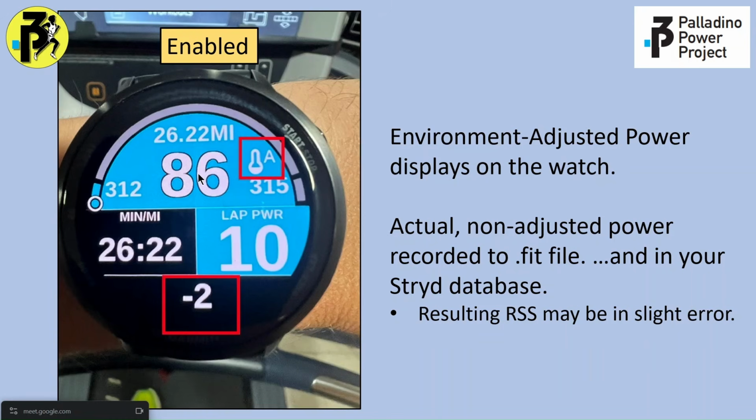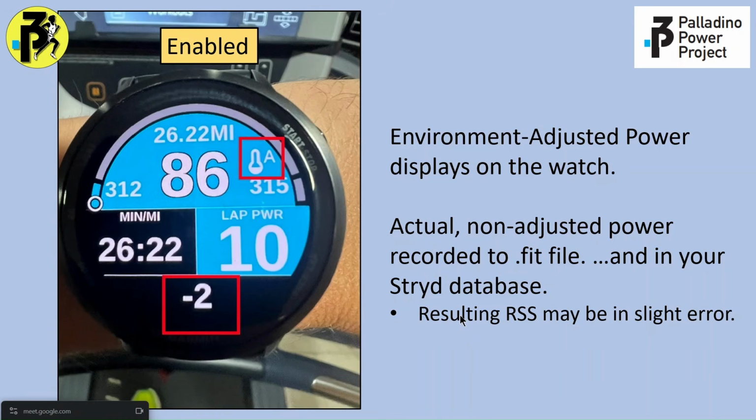So he was actually at 88 watts when the display is 86. So the file is recording 88 while it's displayed 86. This is important to know that the real power, the actual power, is recorded in the fit file, not the adjusted power, because it will result in running stress score being in slight error.